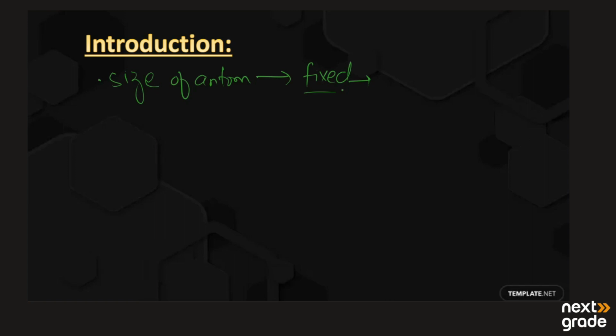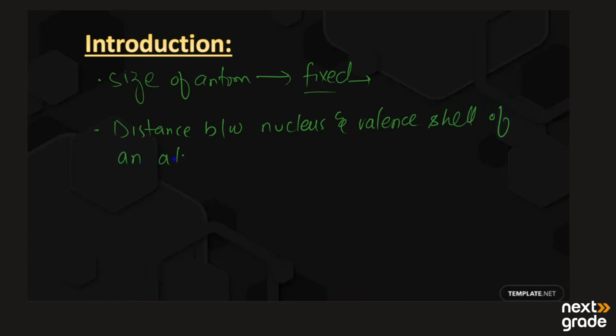So the atomic radius by definition is the distance between the nucleus and the valence shell, or we can also write, the outermost shell of an atom. This is termed as the atomic radii, or the atomic radius. We can also say that it is the atomic size.